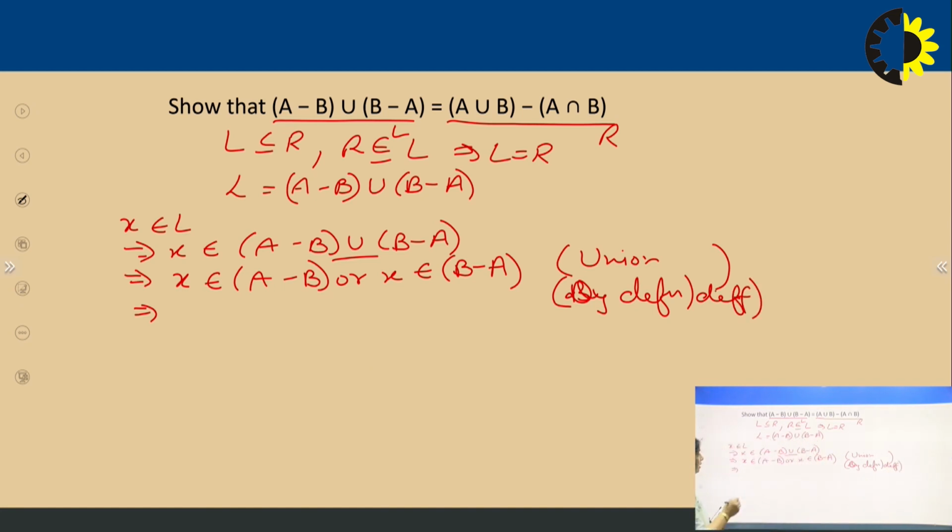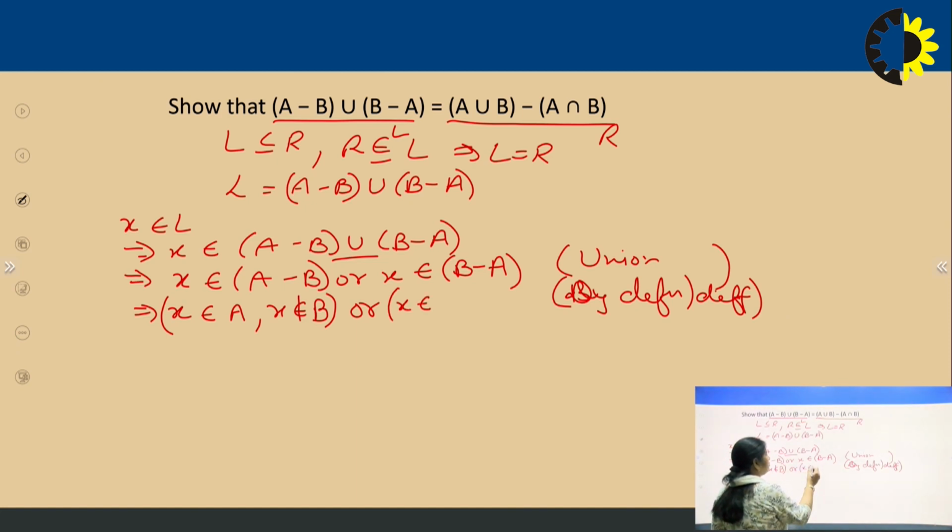By the definition of difference, X belongs to A but X doesn't belong to B. The comma I am writing here is for and. That is my OR operation. X belongs to B minus A. What does it mean? It means X belongs to B but X doesn't belong to A.